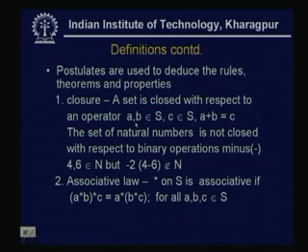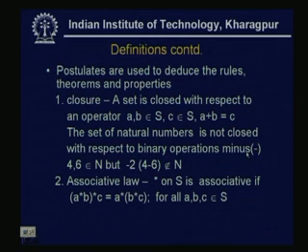The result of A plus B is C, which is again an element in S. Then we say that this is a closure property. We take an example: the set of natural numbers is not closed with respect to the binary operation minus.